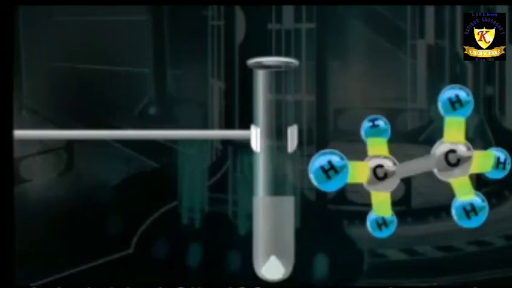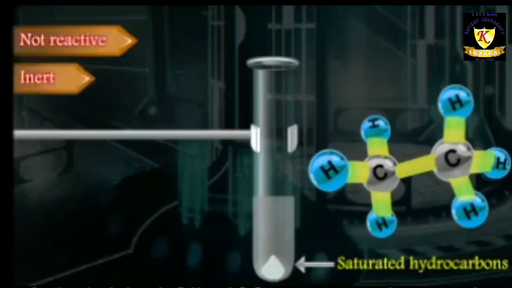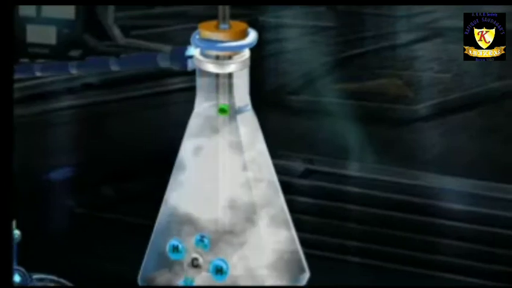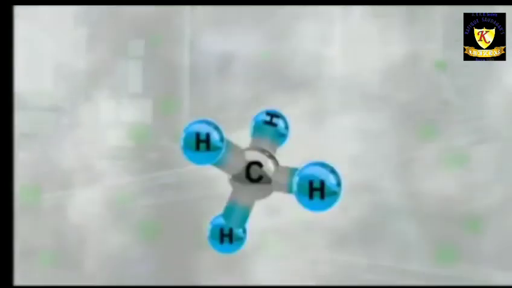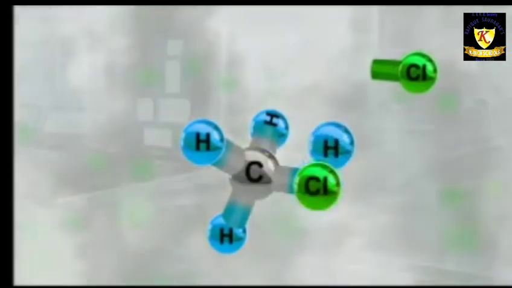As the single bonds C-H and C-C are very strong, the saturated hydrocarbons are not reactive and therefore they remain inert in the presence of most reagents. However, saturated hydrocarbons in presence of sunlight react rapidly with chlorine.